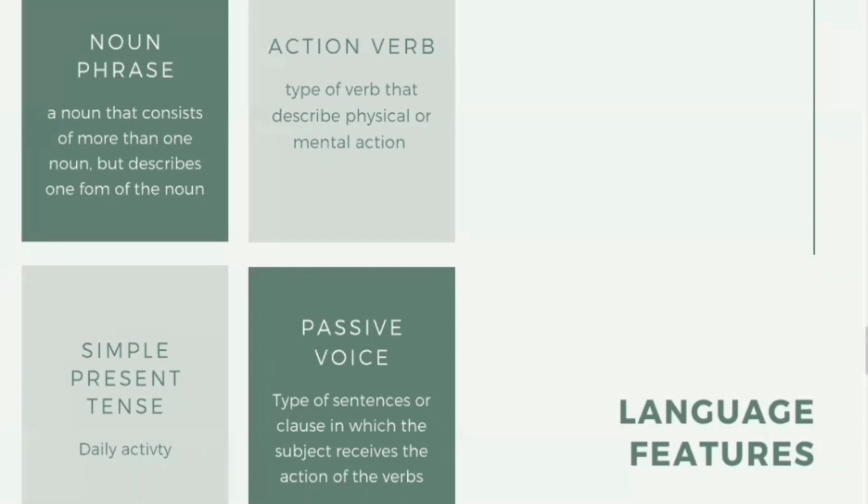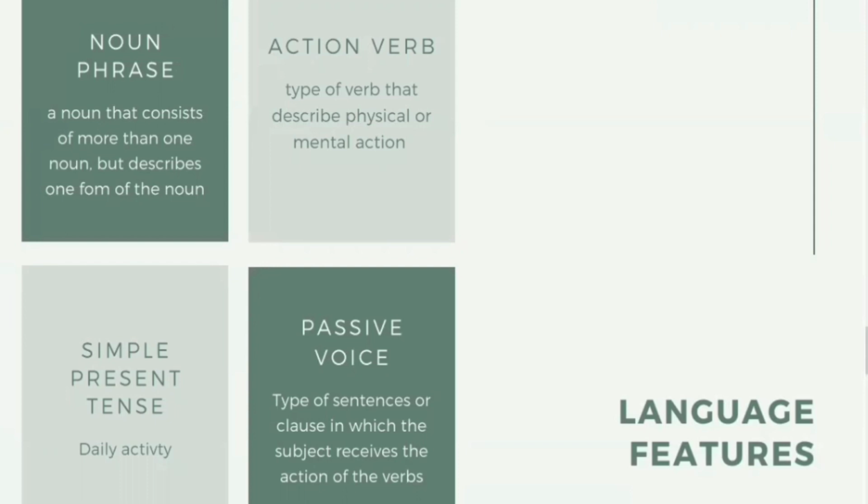Another example is book of secret: book as a noun and secret as a noun. So we have two nouns. Remember, a noun phrase consists of more than one noun, two nouns or three nouns.